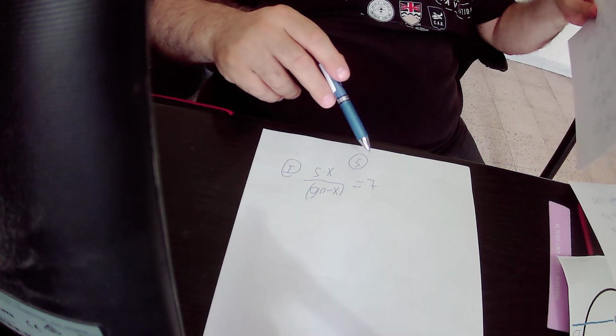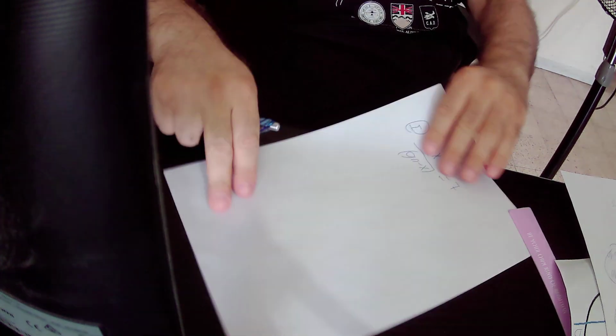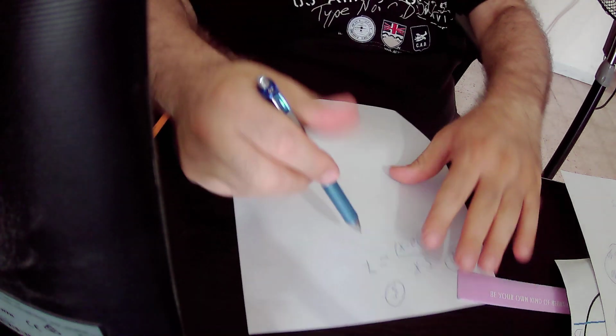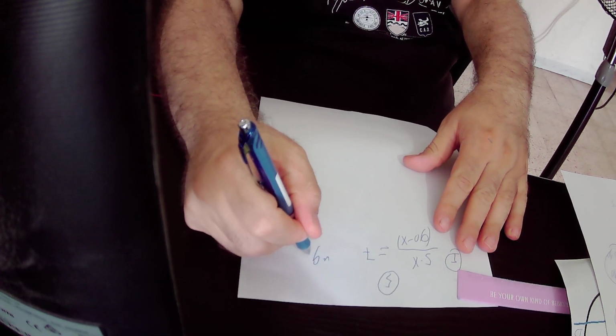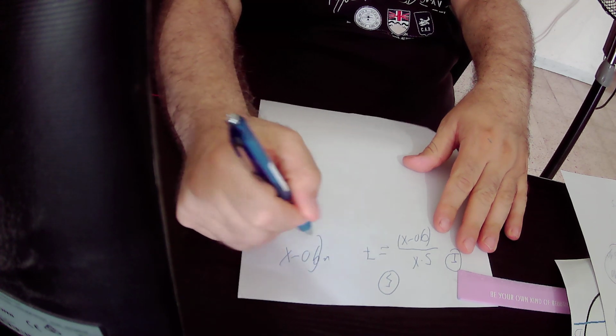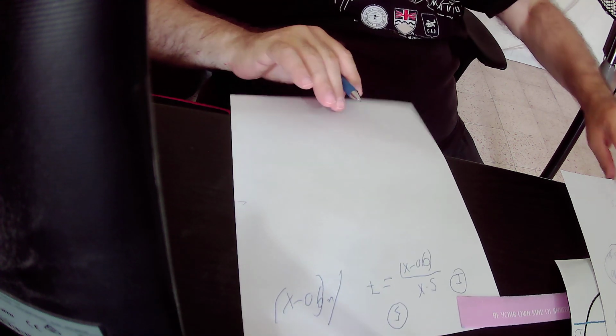Now we will multiply both sides of the equation by 90 minus x.